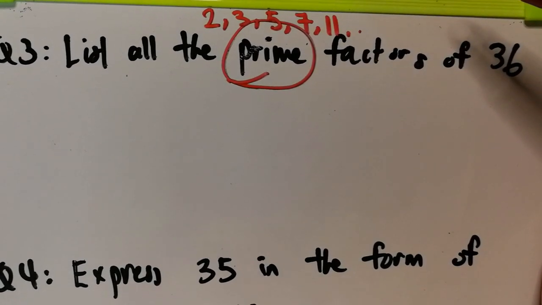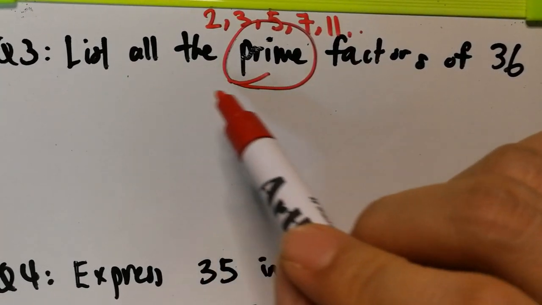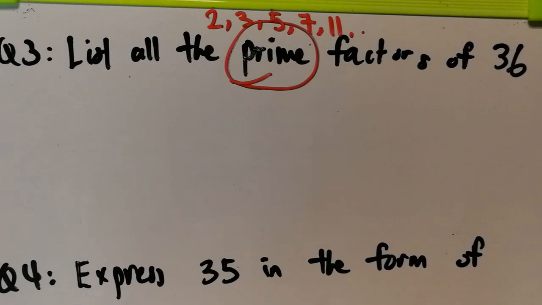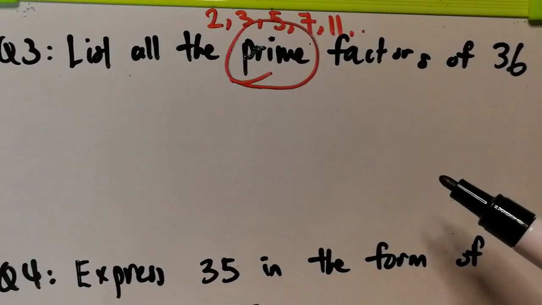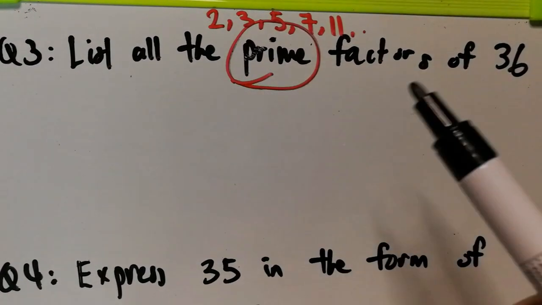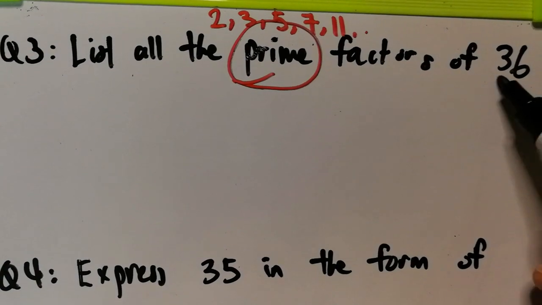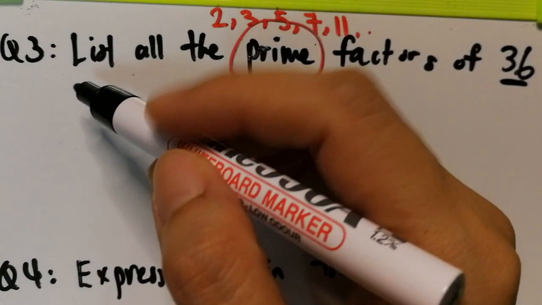Okay, still remember that. So when they ask us to list out all the prime factors of 36, you can do the same way as you did for the factors. You can just list out all the factors first, and then try to find the prime numbers inside the list of factors. So we want 36.